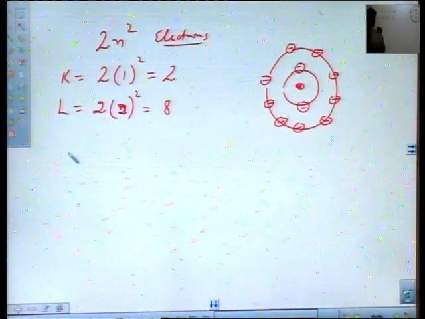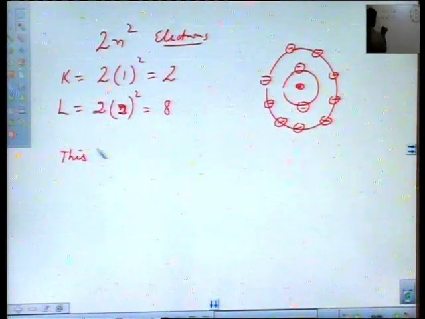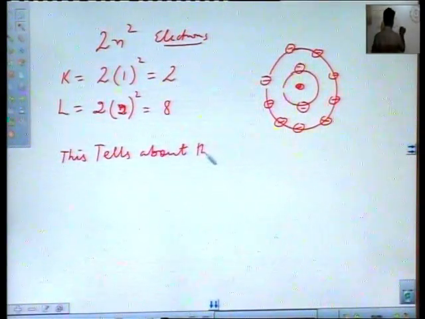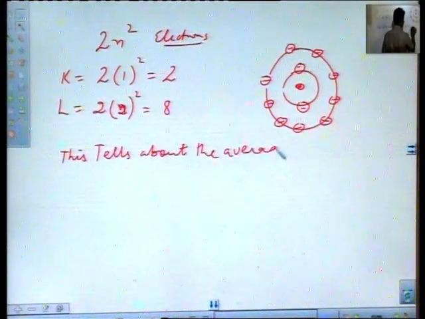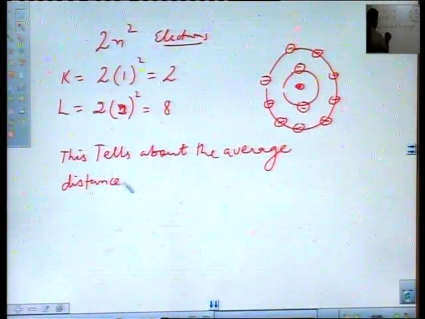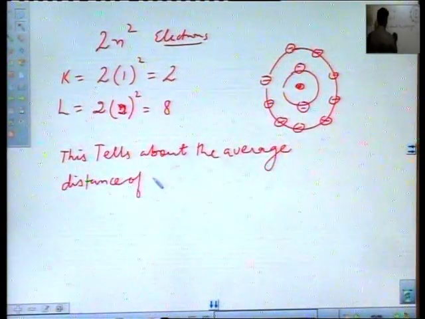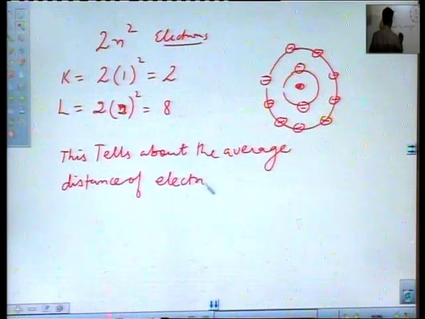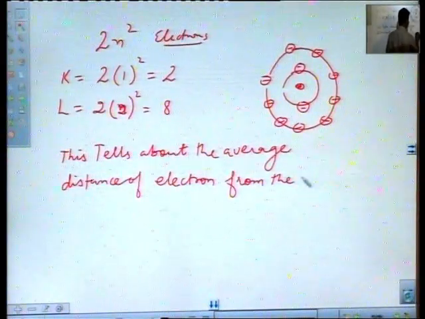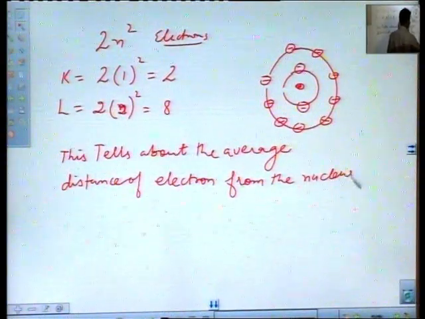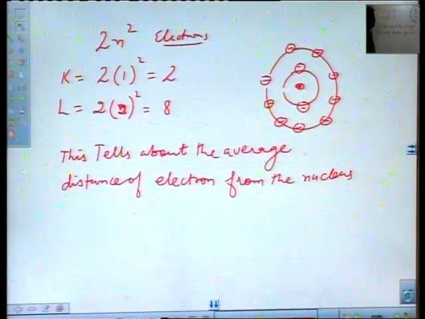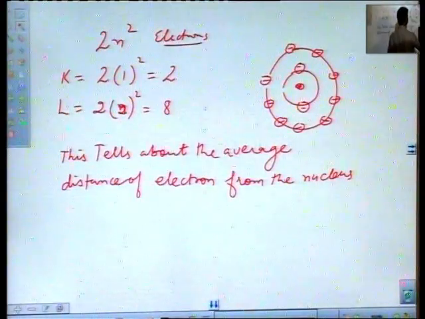This quantum number tells about the average distance of the electron from the nucleus.